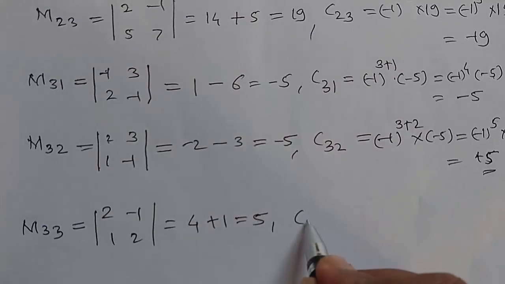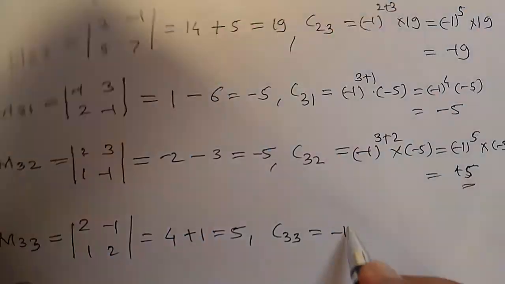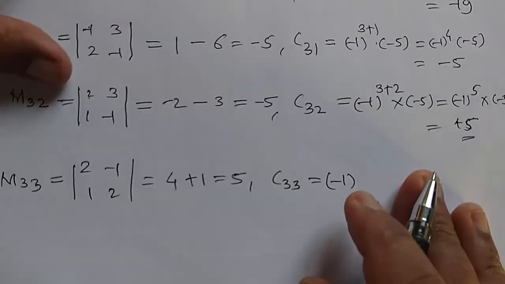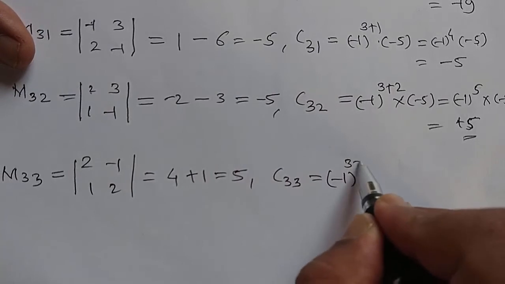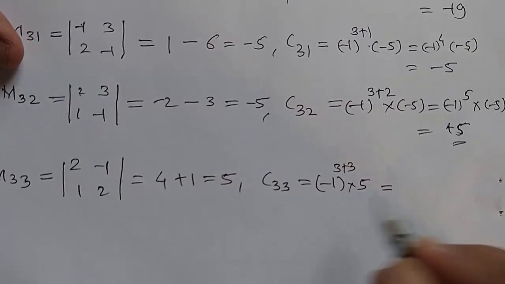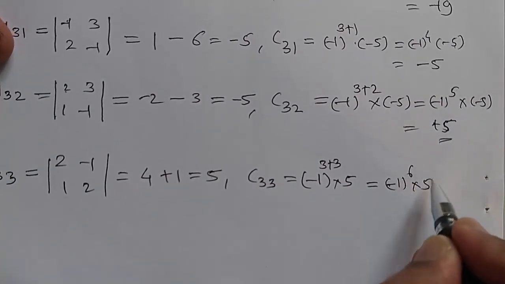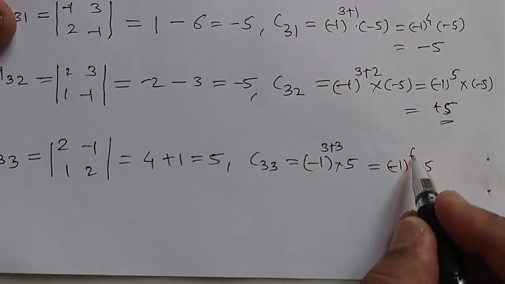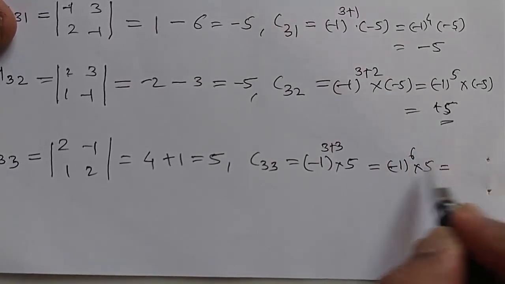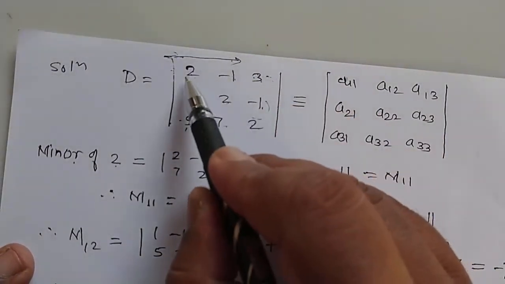Now, cofactor at third row third column is equal to minus 1 raised to 3 plus 3, minor is 5, is equal to minus 1 raised to 6 into 5. Minus 1 raised to 6 becomes positive because 6 is an even number. So, it is 5.